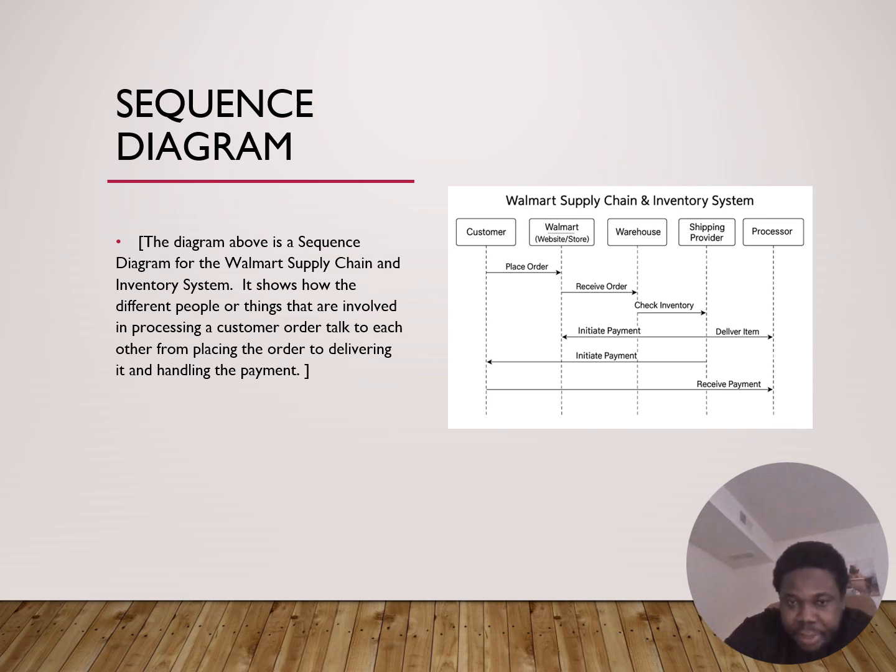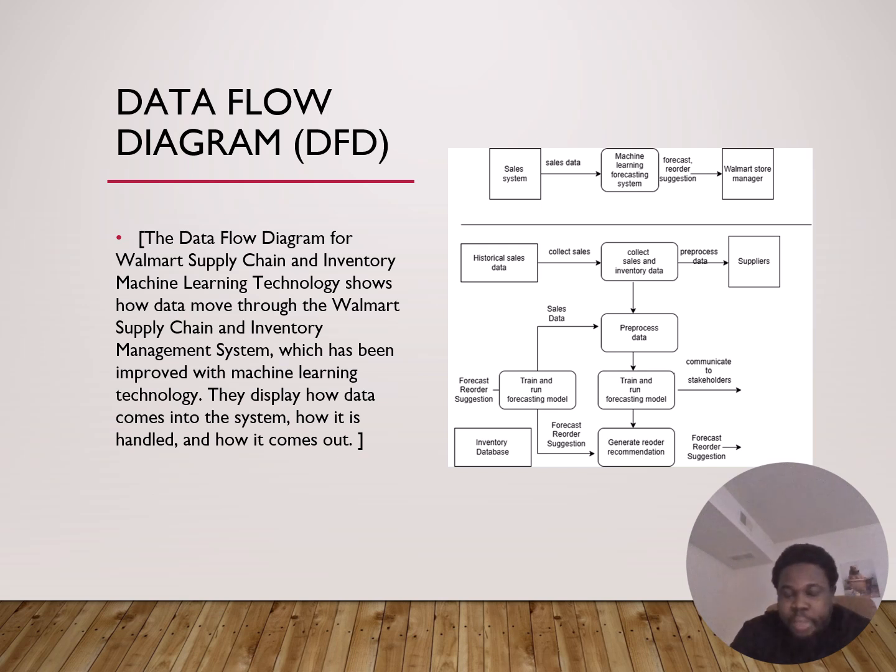As you can see from the diagram, for the Walmart supply chain and inventory system, it shows how the different people or things involved in processing a customer order talk to each other, from placing the order to delivery and handling the payment.